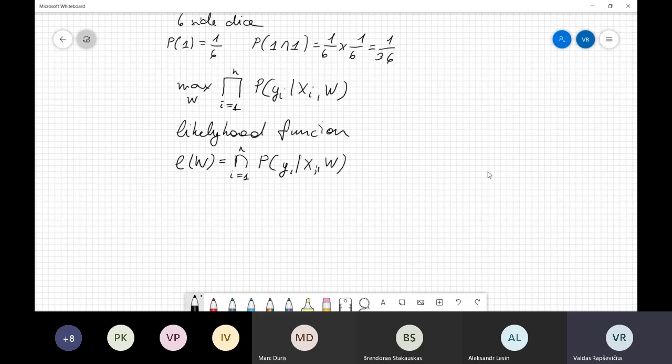Now I will give you a couple of expressions which are very frequently used when we have probabilities and want to express something through them.